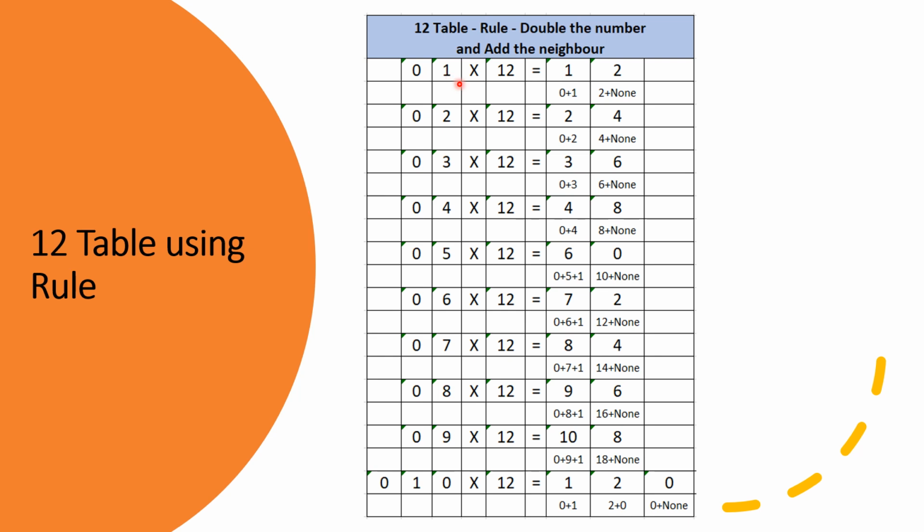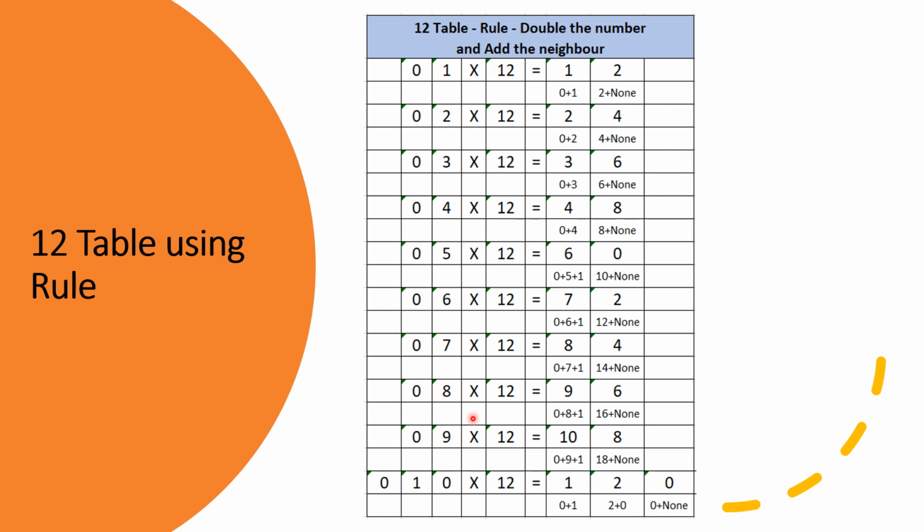What we need to see here is when it comes to 5, when we are doubling it, it becomes 10. So we have to keep the number 0, and you carry forward the number 1 towards the next number. It means the number becomes 5 plus the carry forward 1, so it is 6. In this way you can get the result.